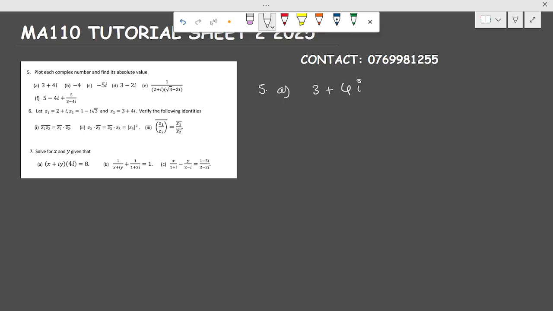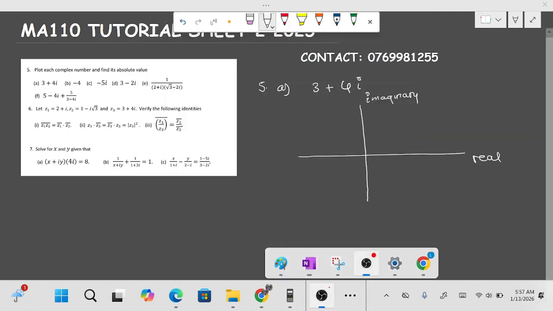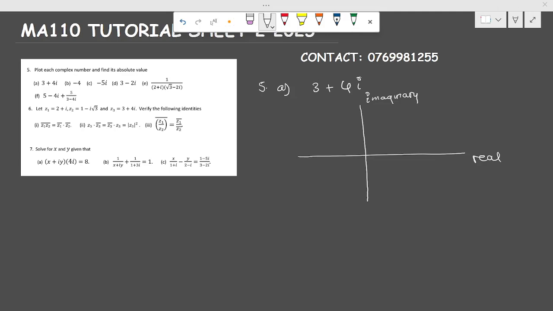Okay, so to plot this, we'll have our plane like this. This will be the real axis for the real numbers, and this one will be the imaginary axis for the imaginary numbers.